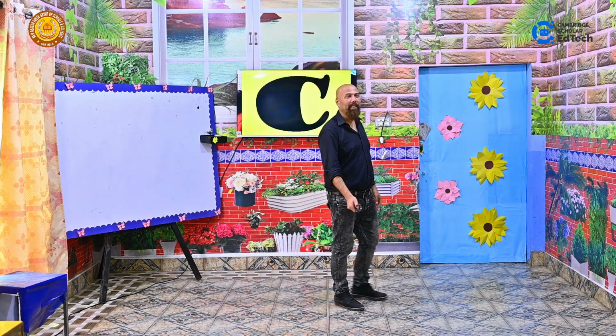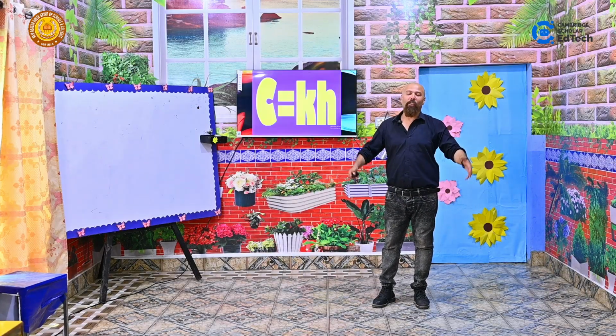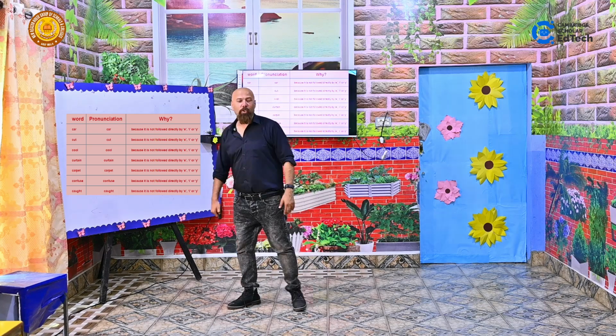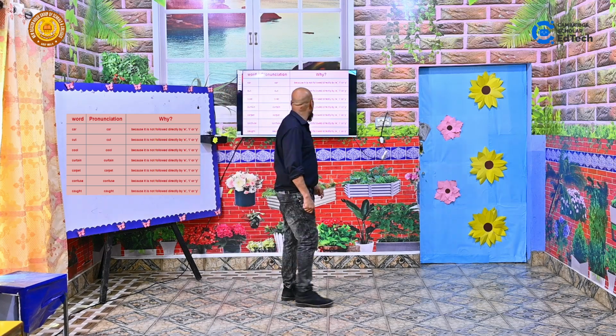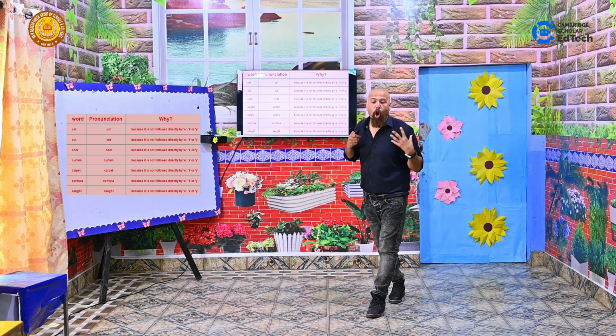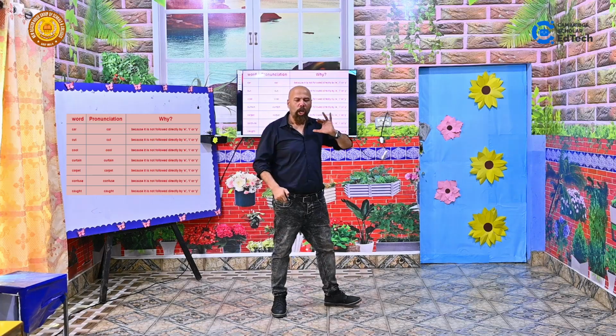Okay, so let's look at the C as a hard C, which is very common, and you pronounce it like a K sound, okay? In the K sound, we have so many words. Let's have a look at the chart. The first word is car, and then we have cut, okay?